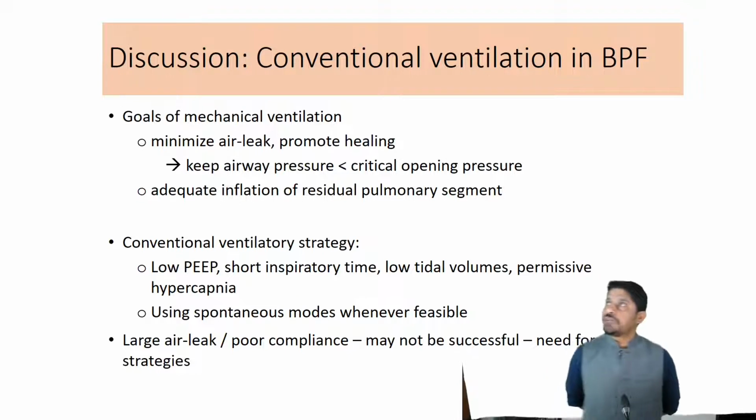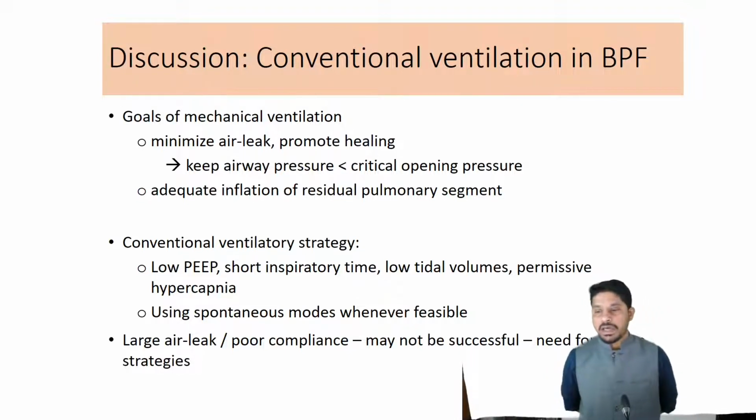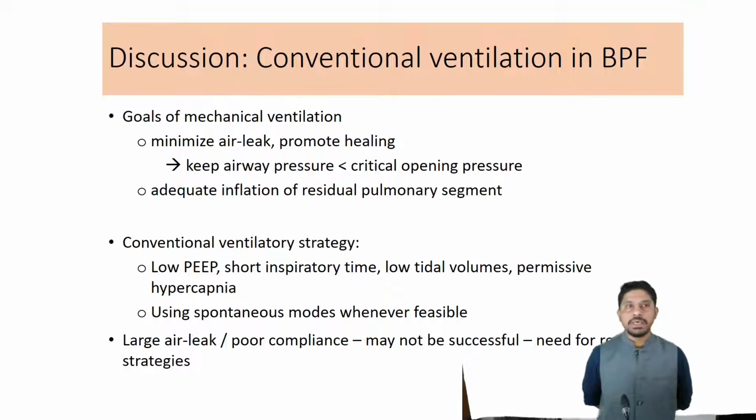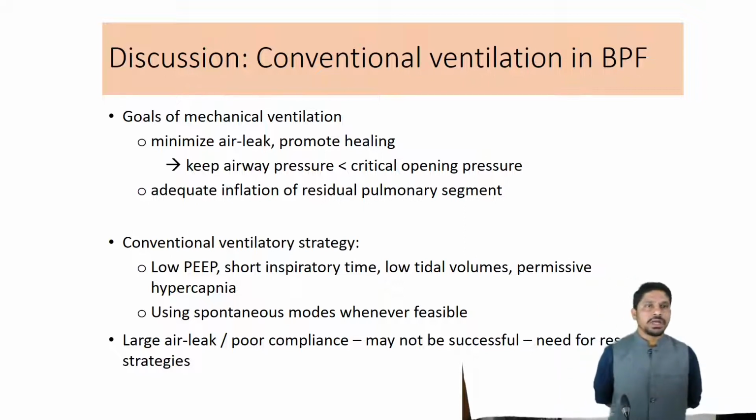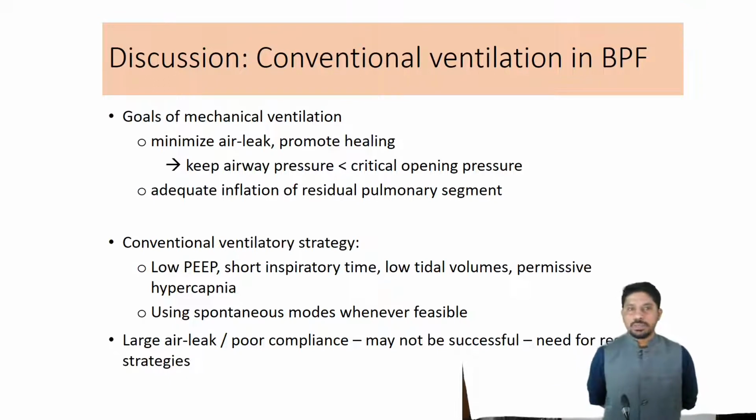So with conventional ventilation in BPF, the goals of ventilation are to minimize air leak and promote healing. This is done by keeping the peak pressures below the critical opening pressure of the fistula. It is usually agreed that around 30 centimeters of water may be the critical opening pressure, so peak pressure should be kept below 30 centimeters of water.